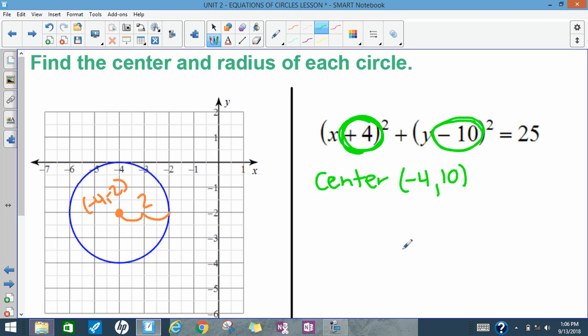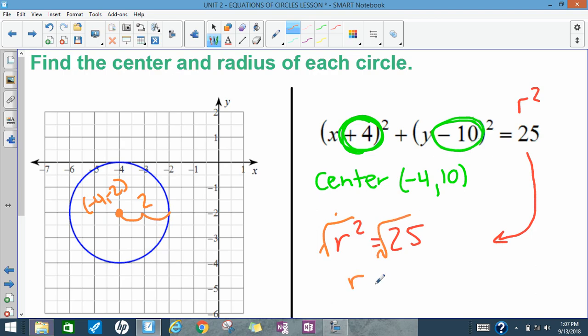So my center is at (-4, 10). Then I would take that 25 on the right side of the equation; it's r squared. So I can say that r squared is equal to 25. And to get the radius, I would square root both sides and find out that r is 5. The radius is 5.